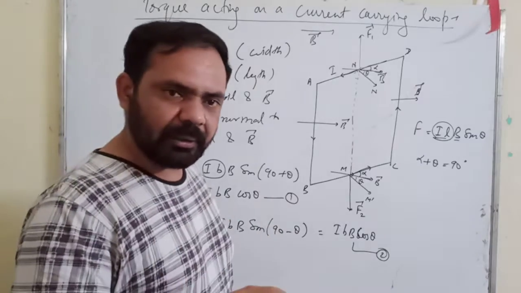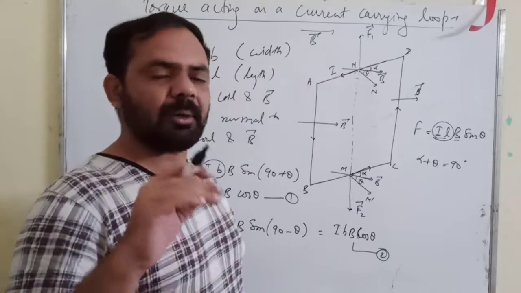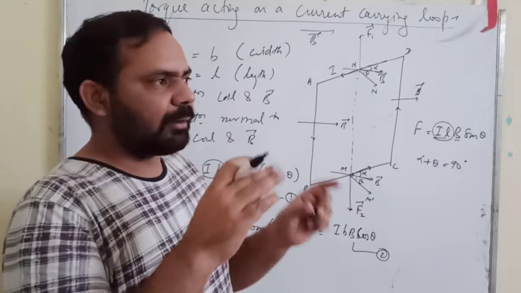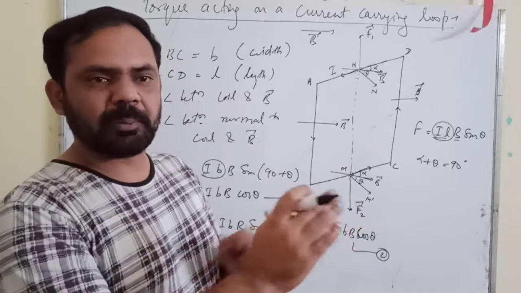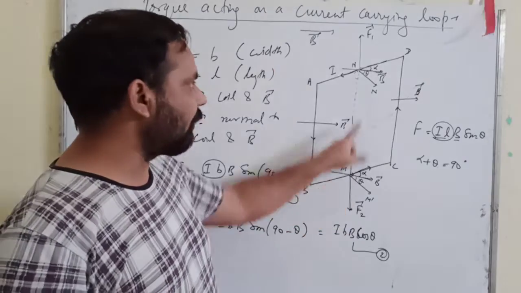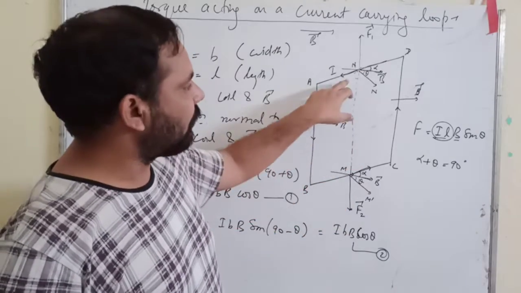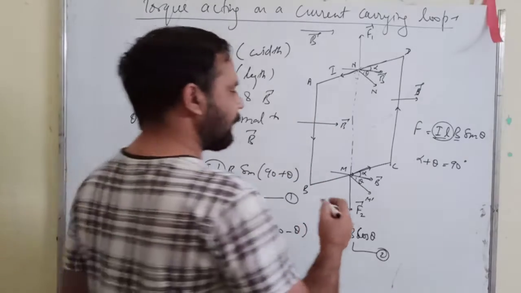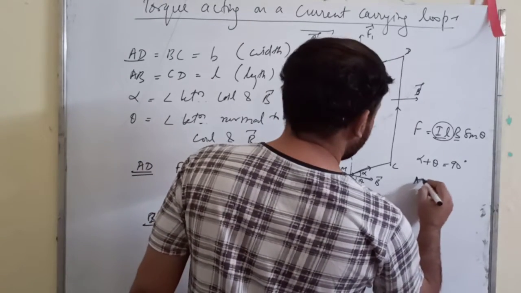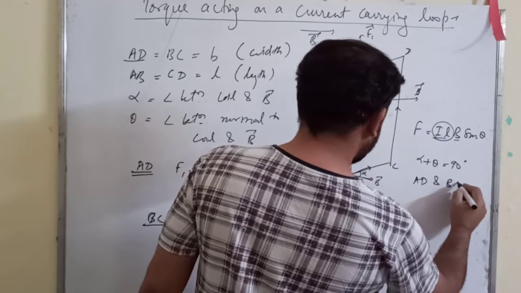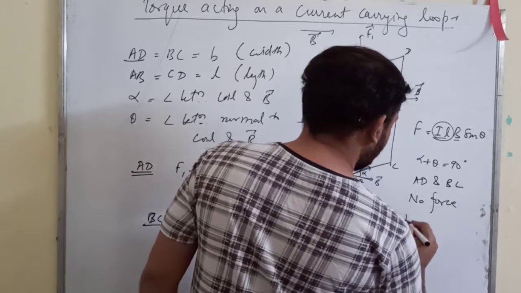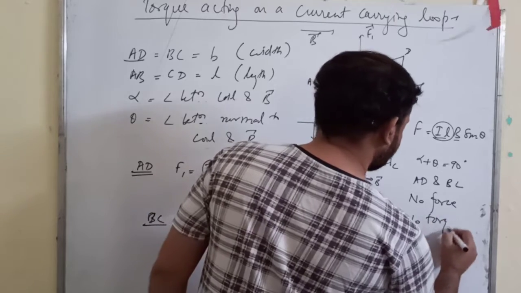The net torque because of these two forces is also 0, because for torque to generate, the lines of action of the forces must be different. Here the line of action is same, so no torque, no force for these two parts. Okay, so in case of AD and BC, no force, no torque.